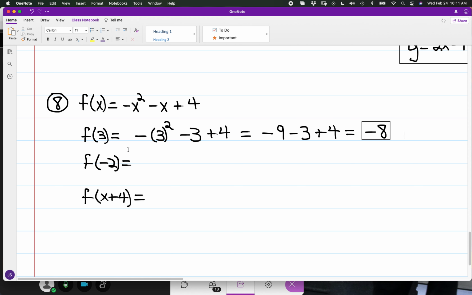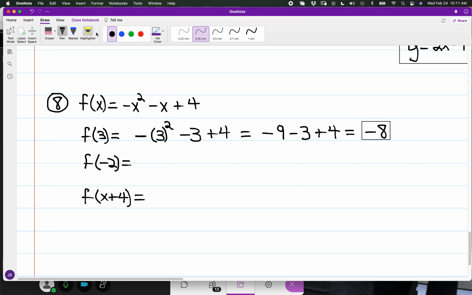Now for the input at negative 2, if I determine what the corresponding y value is, you have the opposite sign of the square of negative 2, and we're going to have the subtraction of negative 2 followed by the addition of 4. Now on its own, the square of negative 2 is going to be a 4, but I'm still taking the opposite sign.